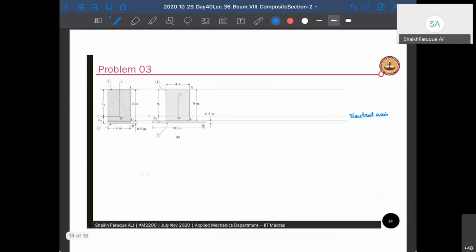Now you need to draw, finally your solution is not complete unless you draw your stress and strain curves. Okay, so your stress curve is going to look like this. It is tensile at the bottom, and then it is going to go linearly, and then there will be a change here, and then it will go 0 at the neutral axis.